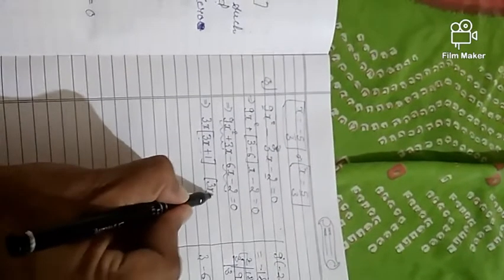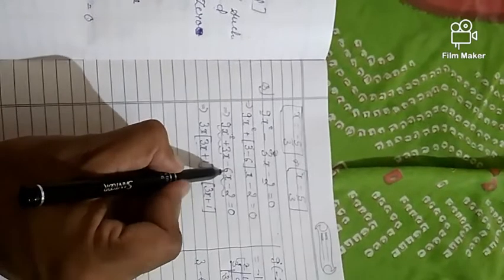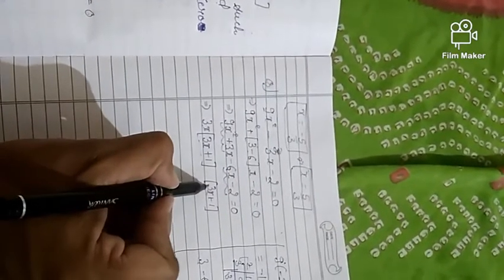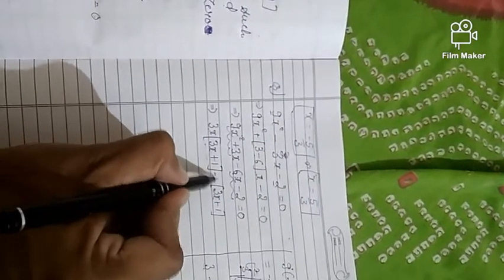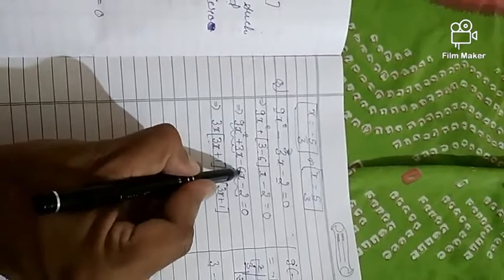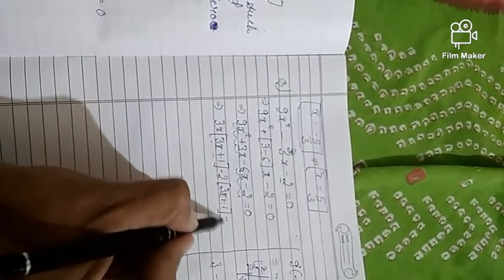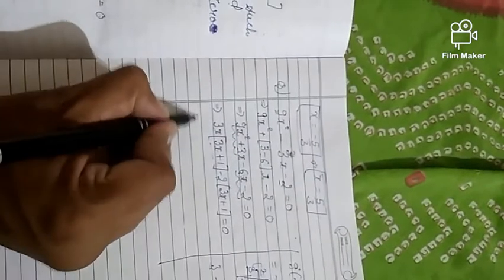Just write 3x plus 1 here also. What is my next term is minus 6x. What I should multiply with 3x to get minus 6x is simple minus of 2. Now just see, minus 2 into 3x is minus 6x, and minus 2 into plus 1 is minus 2, equated to 0. This is common, 3x plus 1.